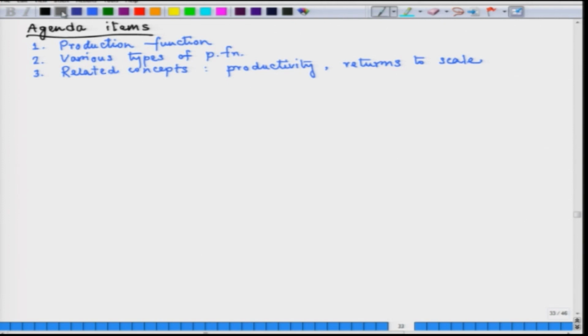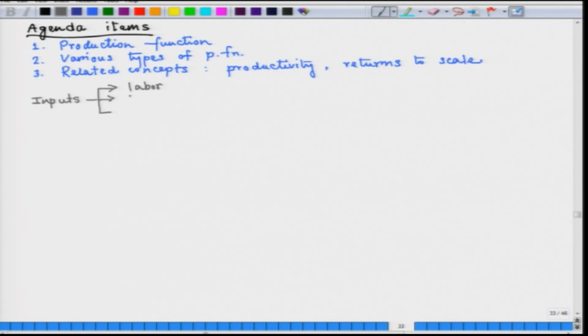First, we are going to start with classification of inputs. Inputs can be classified in three major heads. Number one would be labor, and they can be skilled and unskilled human force.